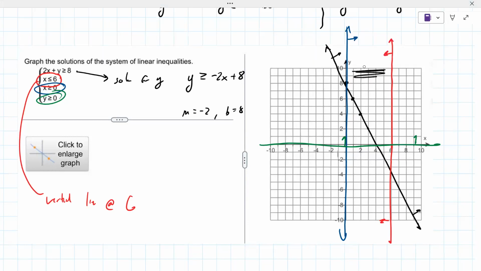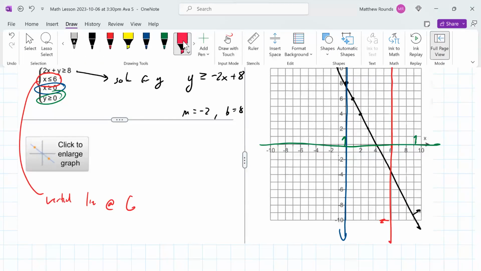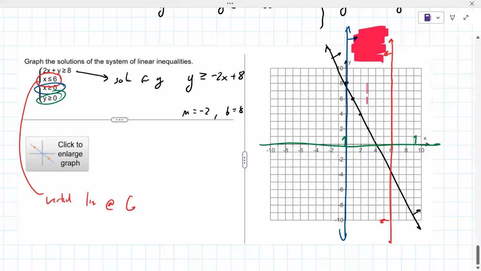It ends up being this region in here. Kind of a trapezoid. Why didn't it do that? That's bad. Got it. I'll do it in highlighter.